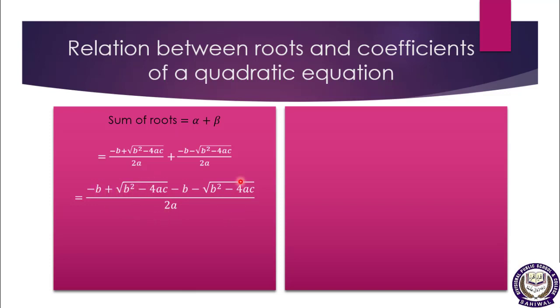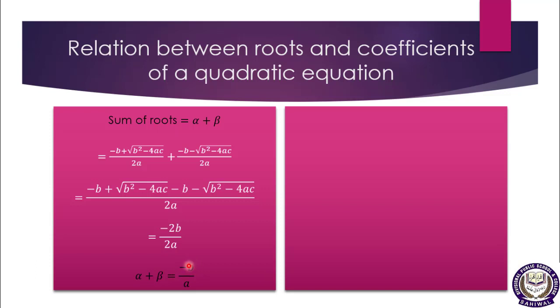The terms with the square root cancel each other and the remaining terms are added, minus 2b over 2a. After cancellation, we get alpha plus beta equal to minus b over a. So the sum of roots alpha and beta is equal to minus b over a.